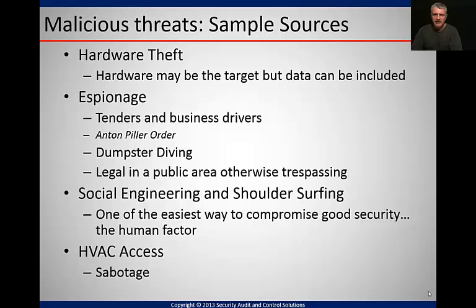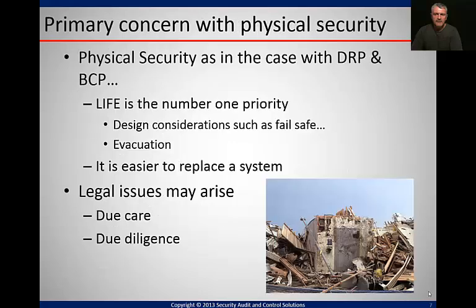Dumpster diving can be legal or illegal depending on whether the person performing the dumpster diving is trespassing. There are issues like social engineering and shoulder surfing. Now, social engineering is actually one of the easiest ways to compromise good security due to the human factor. Also, a heating, ventilation, and air conditioning access threat could be sabotage.